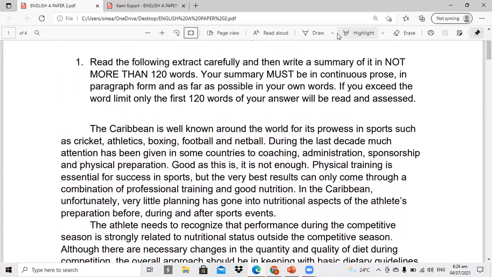Based on our prior knowledge about athletes, knowing that athletes ought to have a balanced diet, we kind of grasp at that. And this is supposed to be an easy 5 marks for understanding in this section.